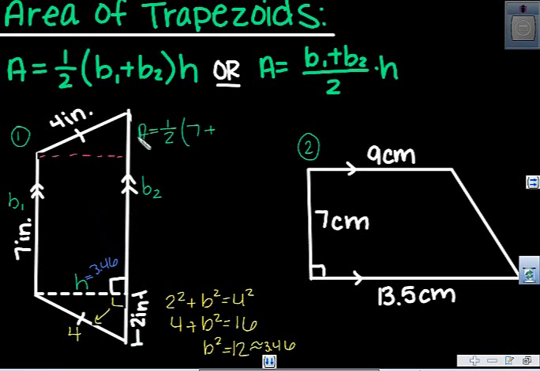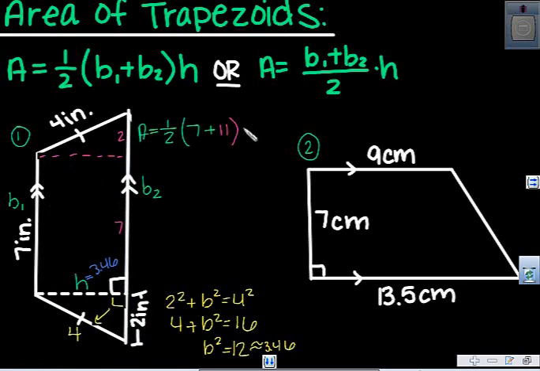Those would be parallel, and it would make this piece equal to this piece. So this would also be 2, and these across from each other, we just created a rectangle. So this would be 7. So then you add up that entire length, 7, 2, and 2, 11.